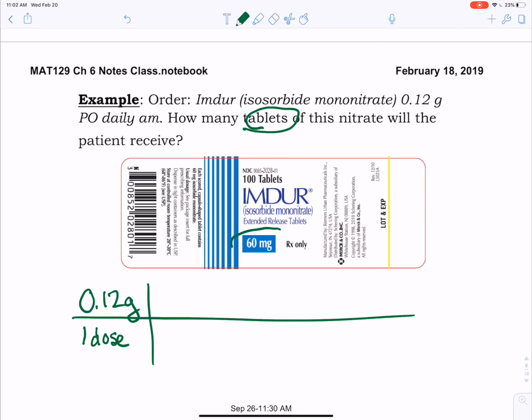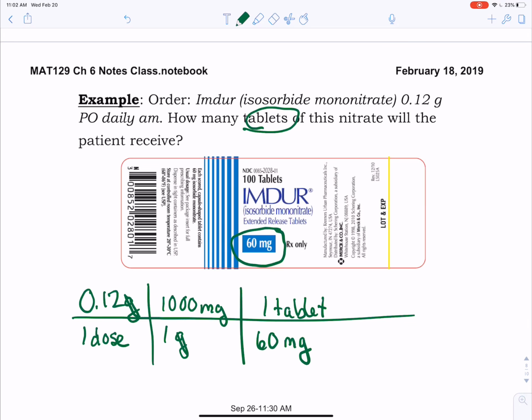So we look at our drug label and find that there's 60 milligrams per tablet. The issue is we're in grams. So I need to first convert to milligrams. I know there's 1,000 milligrams in every gram. And then I can use that strength to say that there's 60 milligrams in every one tablet. My grams cancel out. My milligrams cancel out.